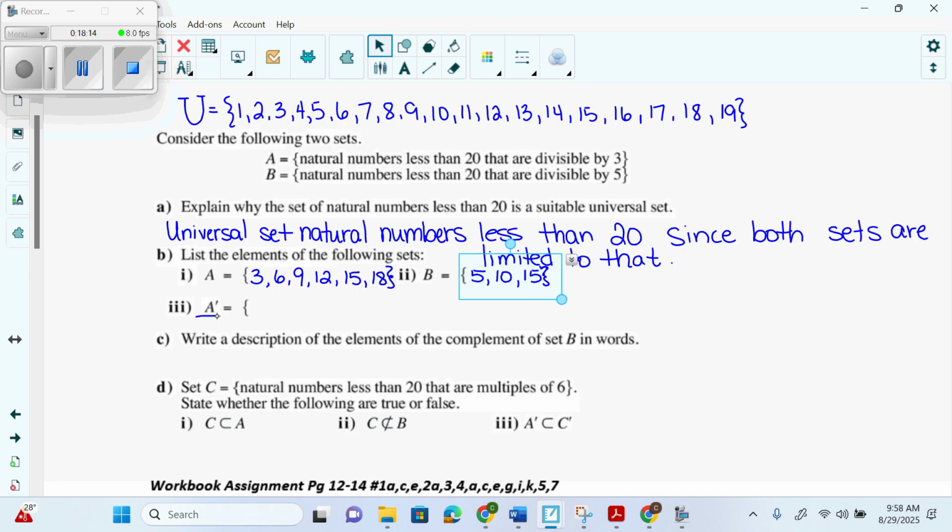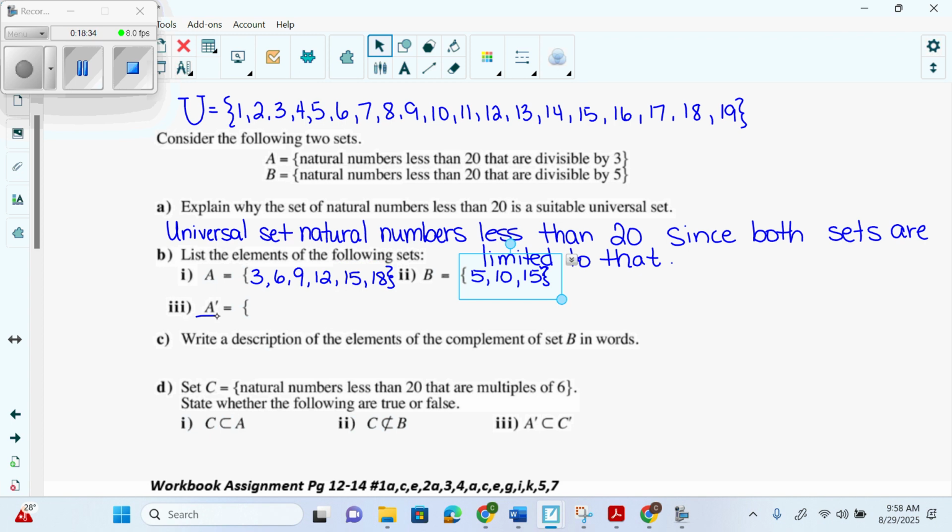What does this mean? A with the little thing. Complement. So the complement of A. That's a fancy way of saying not in A, but in the universal set. Correct? A contains 3, 6, 9, 12, 15, 18, so I can't count those. But everything else from 1 to 19 is in. That's what the complement is, right?